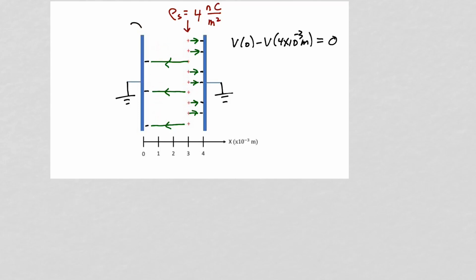So let's call the charge density on the left plate rho sub S1 and the charge density on the right plate rho sub S2. So we know rho sub S1 plus rho sub S2 will equal minus rho sub S, or minus 4 nanocoulombs per meter squared.